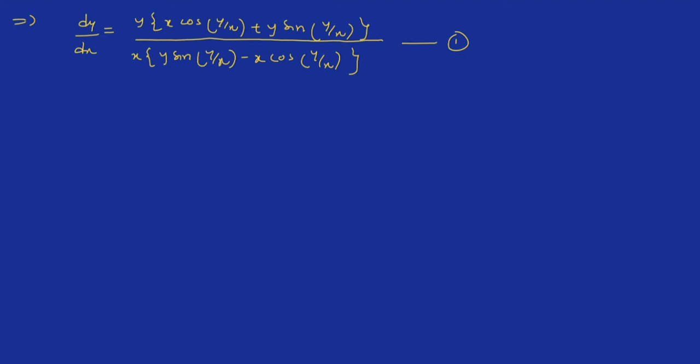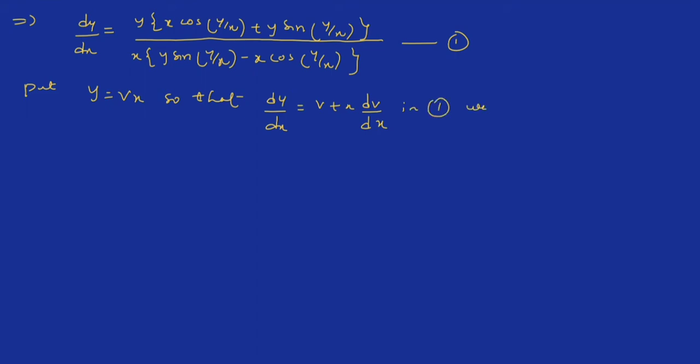Now put y equals vx, so that dy by dx is, by the u into v formula we already know, v plus x dv by dx.